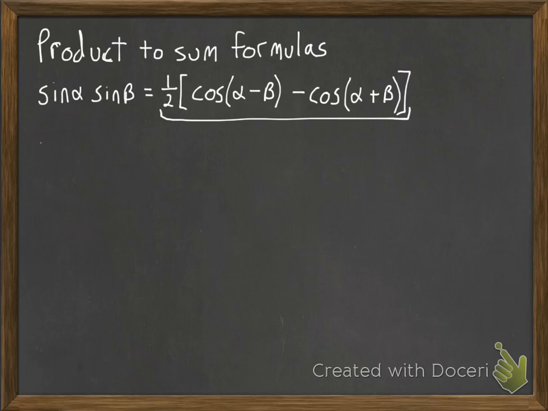invoke our cosine of a sum and difference, we'll get, of course, cosine alpha minus beta is cosine alpha cosine beta plus sine alpha sine beta, and then minus the whole quantity, and then we write down the formula for cosine of a sum of two angles.